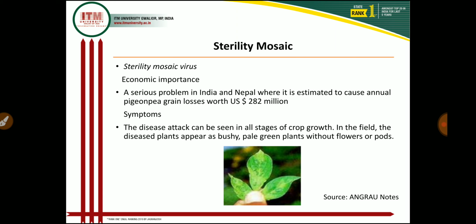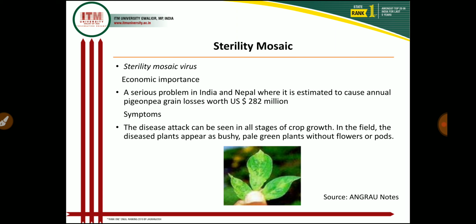And some pigeon pea varieties such as ICP 2376 exhibit ring spot leaf symptoms. These indicate a localized site of infection of the pathogen, and such plants produce normal flowers and pods.